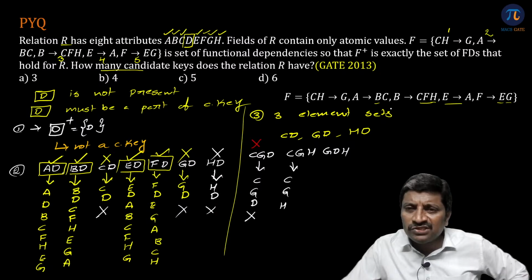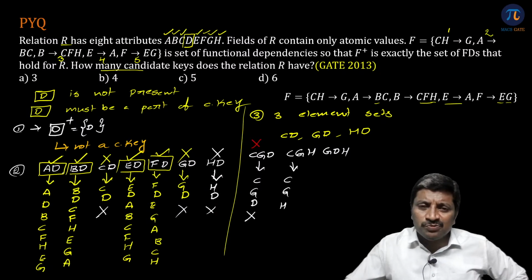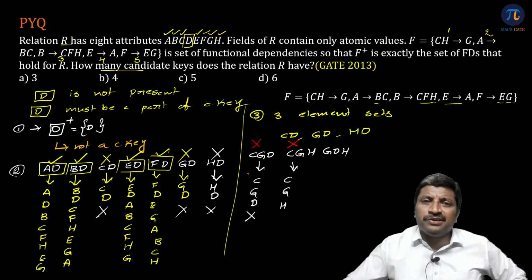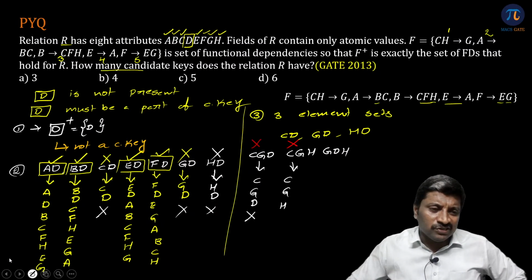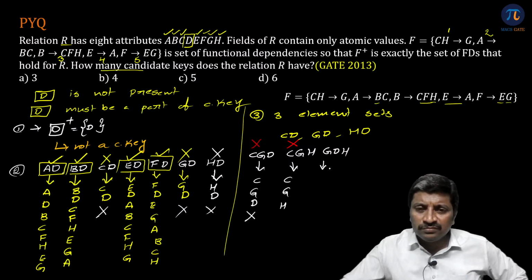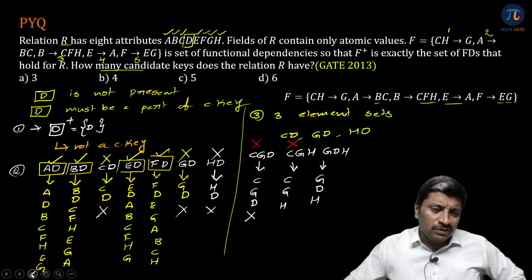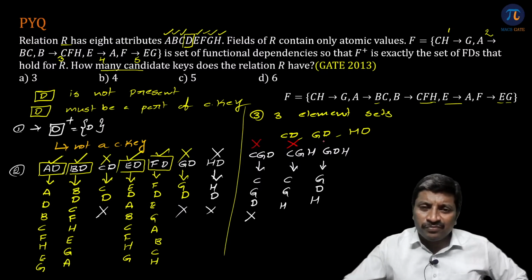Then with C, G, H, nothing is possible. So the second one is also not a candidate key. What about the third one, sir? G, D, H. Nothing is possible, sir. So this is also not a candidate key.